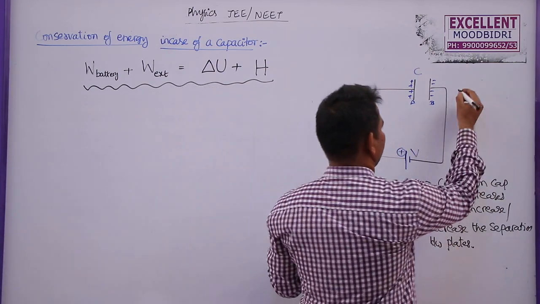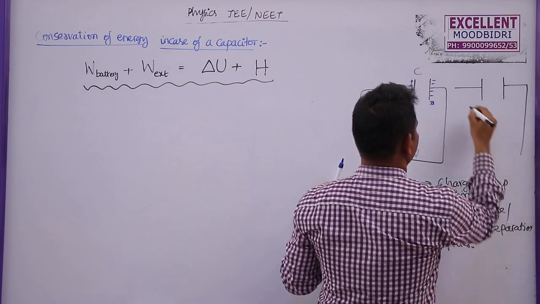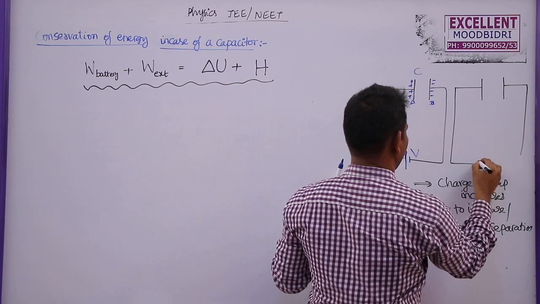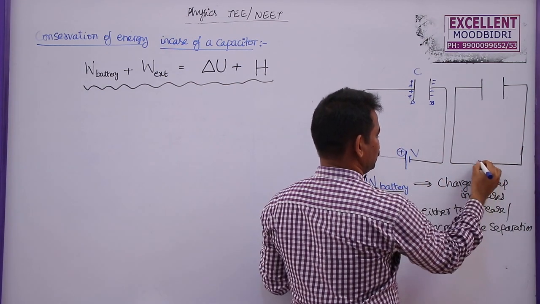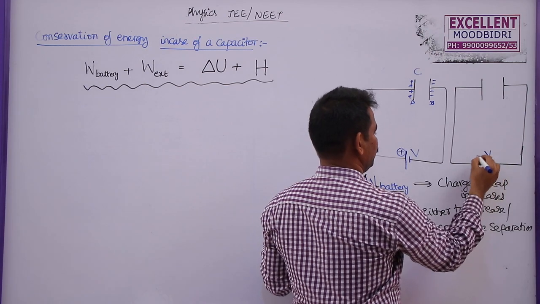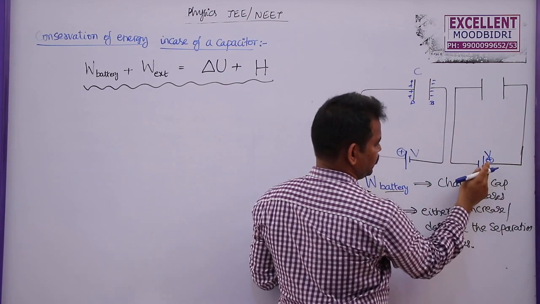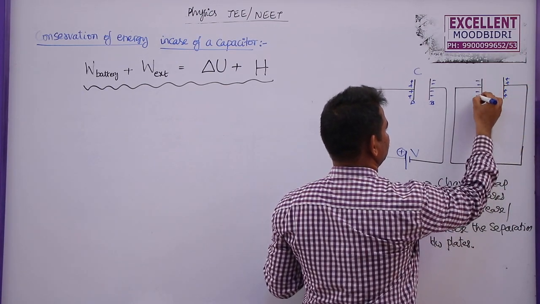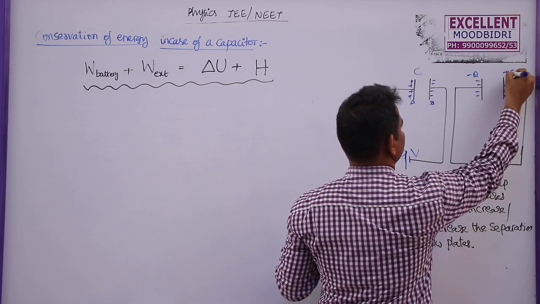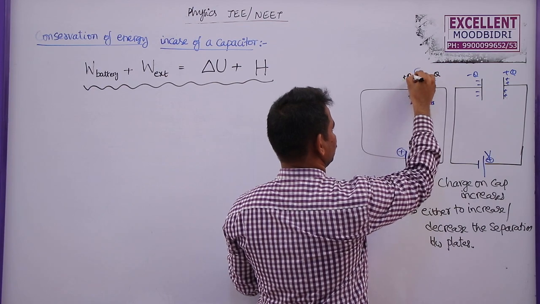So in the second diagram, this is the same capacitor that we used previously, and we are using the same battery here, but the polarity is reversed. So this is V, this is the positive terminal, like this. Here, as it is the positive terminal, this plate will get positive charge, this will get negative charge. Previously the charge on this one is minus Q, this is plus Q.